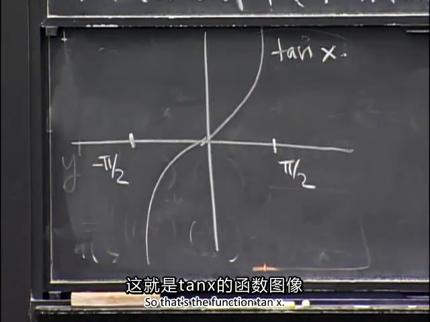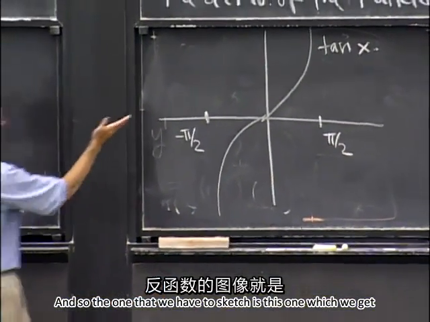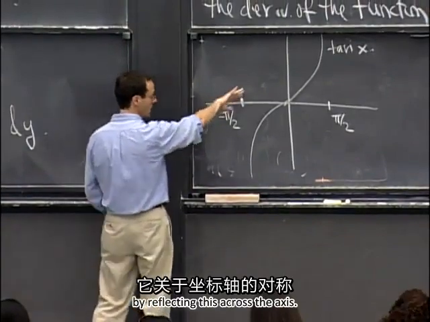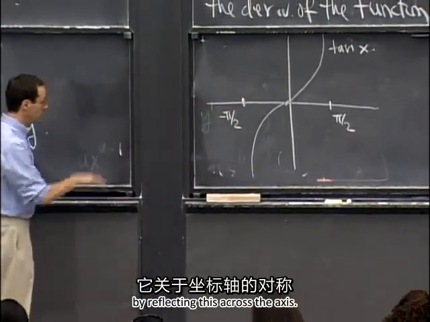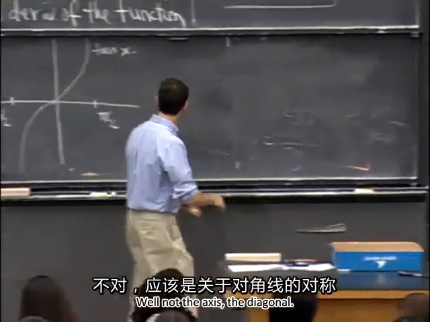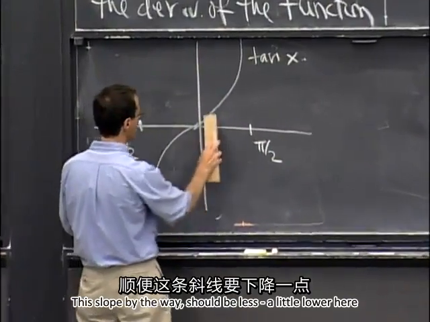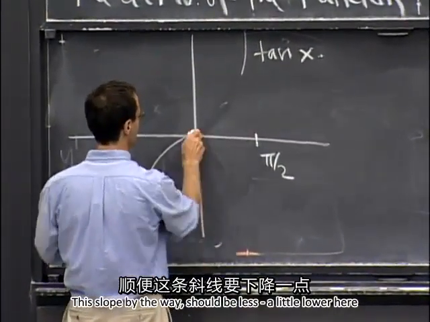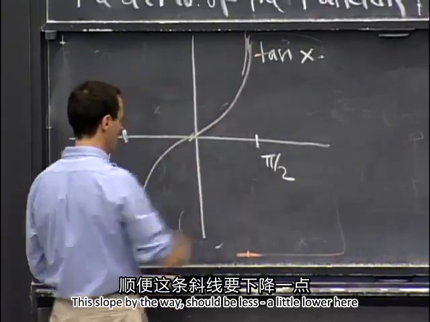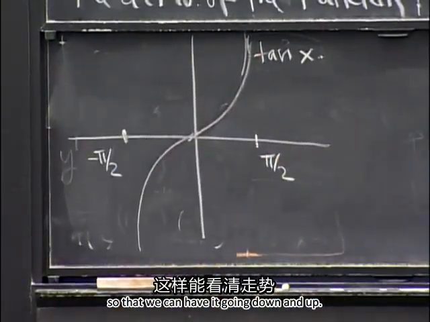Okay? And so the one that we have to sketch is this one which we get by reflecting this across the axis. All right? So that's going to be, well, not the axis, sorry, the diagonal. This slope, by the way, should be a little lower here so that we can have it going down and up.